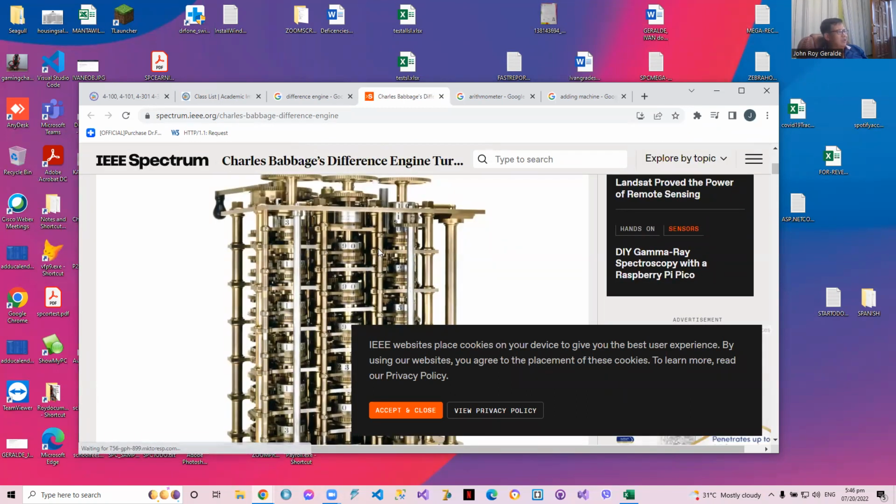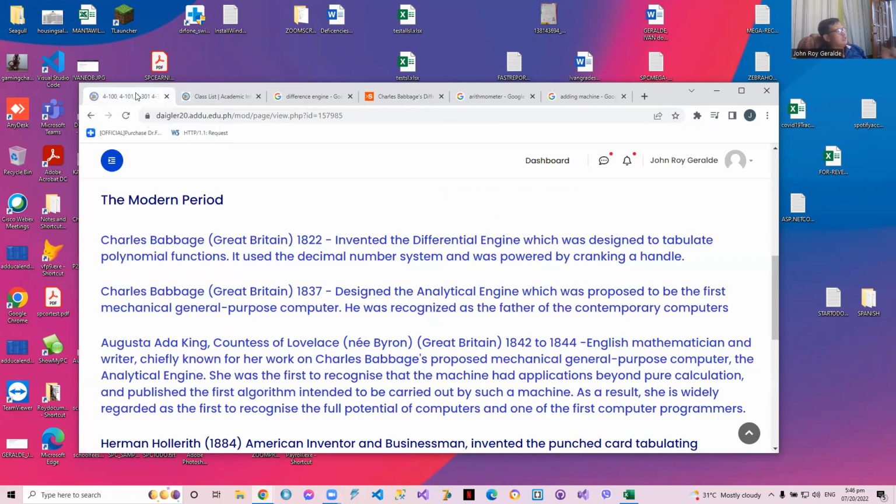Basically, decimal numbers are used, and the rotating gears represent symbols. They rotate clockwise to increment, counterclockwise to decrement. But the more significant invention by Charles Babbage was the analytical engine, which was considered to be the first computer. Why is that?